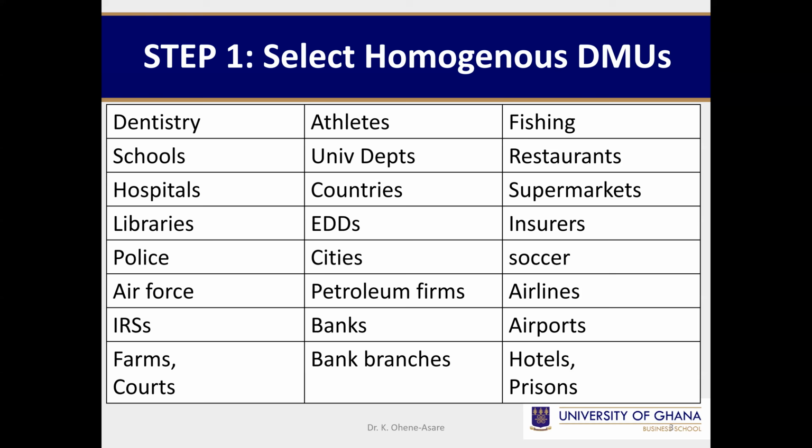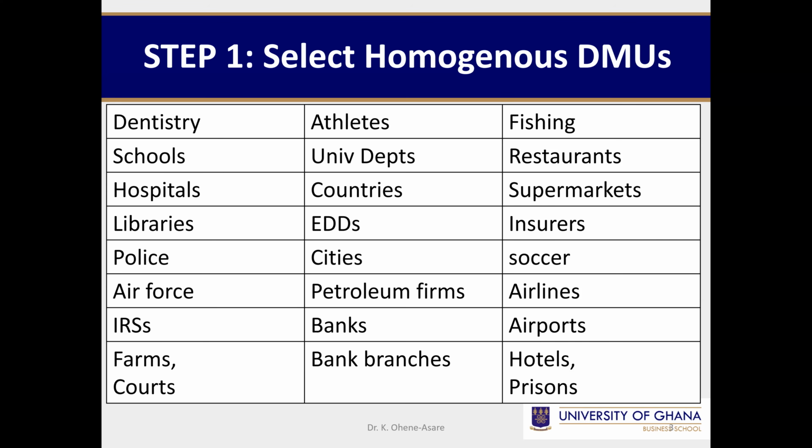You can't say universities and secondary schools. You can't compare polytechnics with universities because they do different things. You can't compare even clinics with hospitals because they do different things.